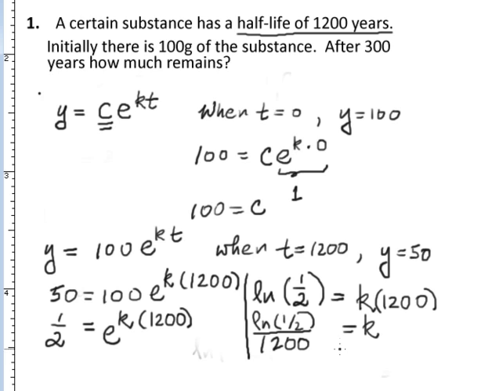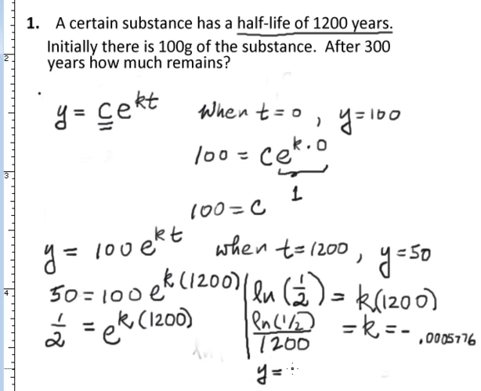And finally, what we're going to do is answer the question. After 300 years, how much remains? Okay, we can approximate this. I get minus 0.00057776. All right, so now we want to substitute in t equals 300 and see what y is.